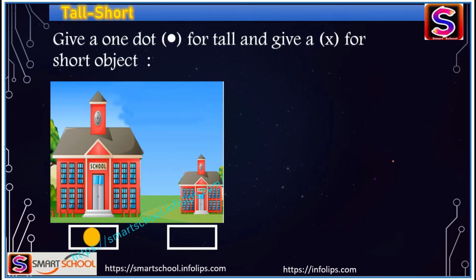This first one is tall because this school building's height is much more than this other school building. That's why we gave a circle for tall and a cross for short. This school building is short, and that's why we mark a cross here.